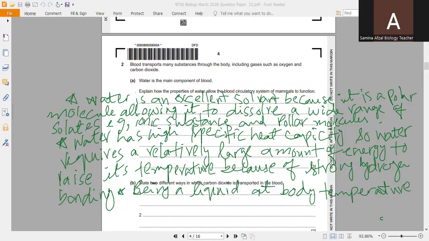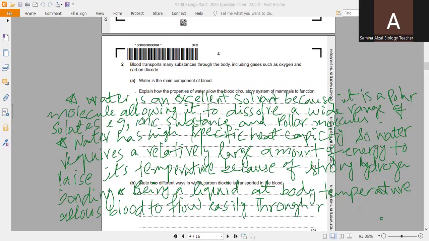Body temperature allows blood to flow easily through narrow blood vessels like capillaries under pressure.